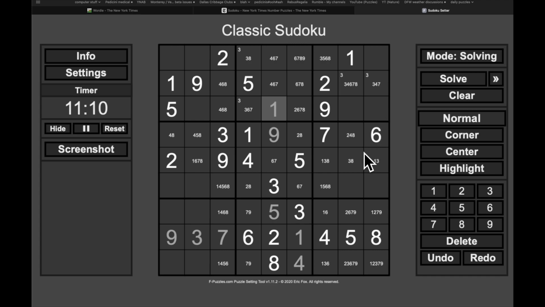Well, I hate to have to fill in everything else, but I might have to do that. Only eliminate 1 and 2 from the row here. Now here, eliminate 9 and 6 and 8.